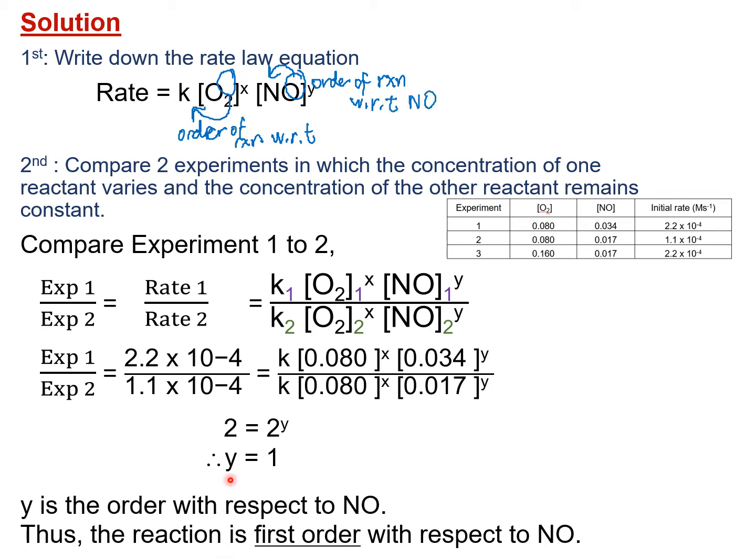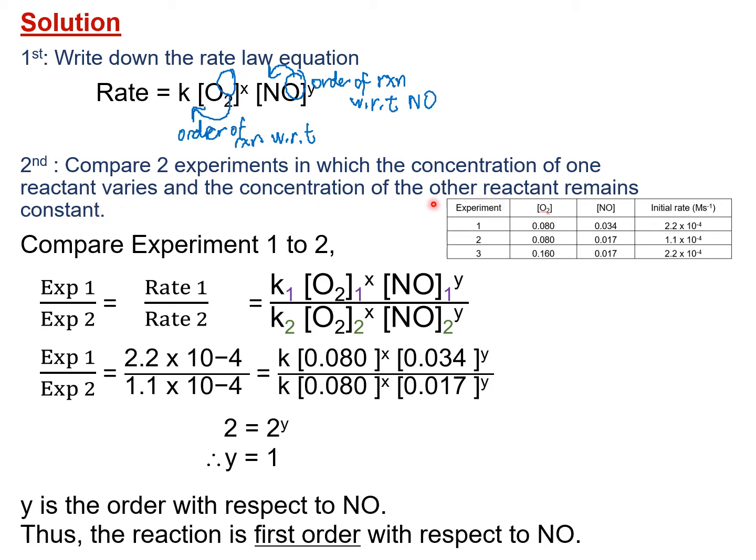Okay, so bila you dah write down the rate law equation in general for the above reaction from the previous slide, okay, next what you need to do ialah you kena compare dua eksperimen di mana one of the reactant tu punya concentration kena berubah, while the other reactant tu punya concentration kena remain constant.